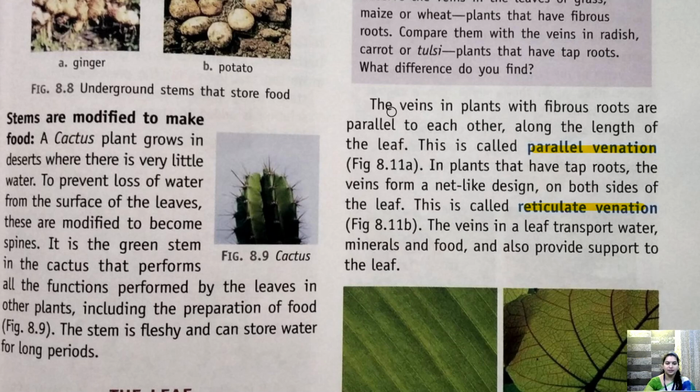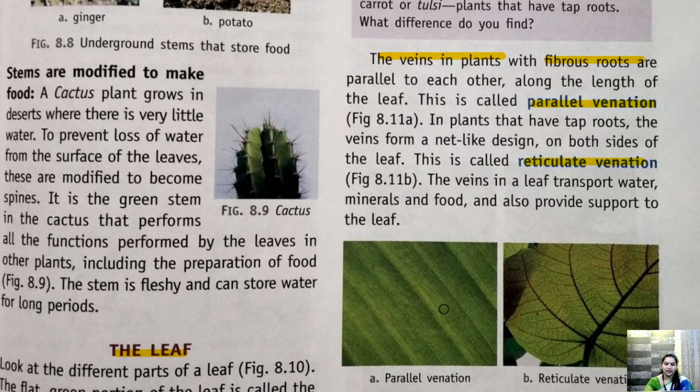Let's see what is written. The veins in plants with fibrous roots are parallel to each other along the length of the leaf, like this. They are arranged parallel to each other along the length of the leaf. So this is called parallel venation. Okay.